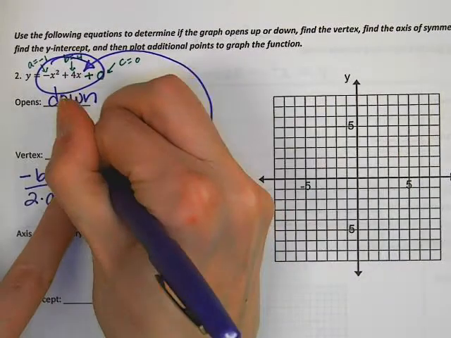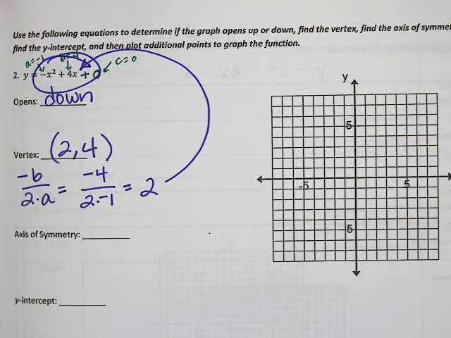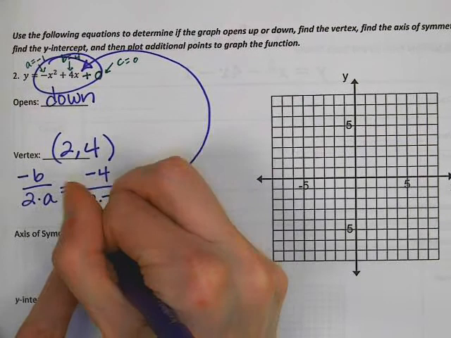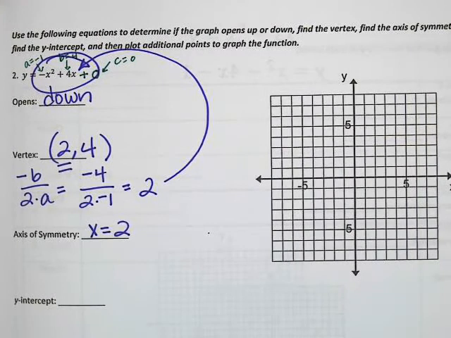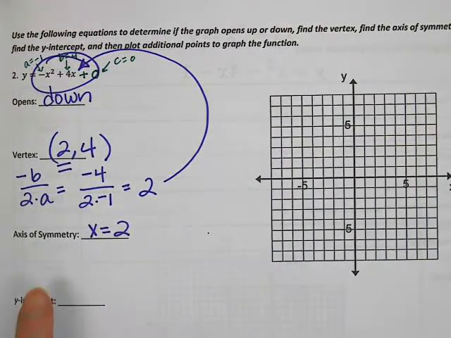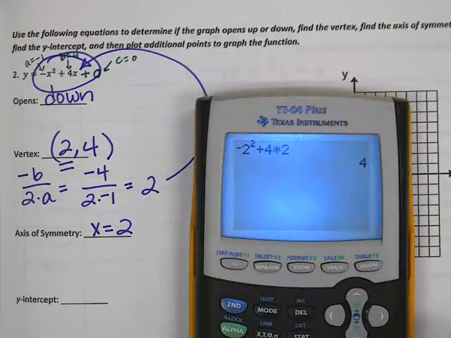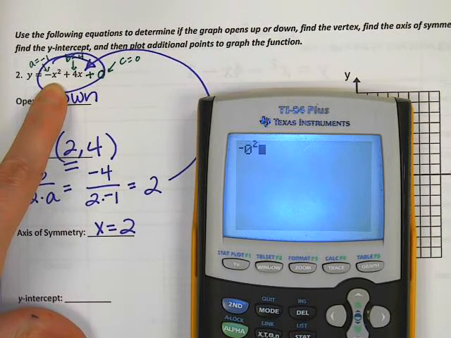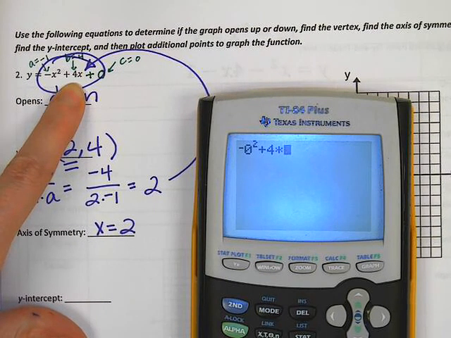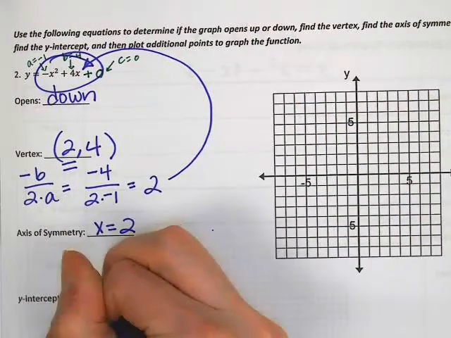Okay, so the vertex is at 2 comma 4. The line of symmetry is always x equals h, which was the 2. And the y-intercept, you plug in 0 for x. All right, so let's do that. It's negative 0 squared plus 4 times 0. You get 0. Okay, so the y-intercept is 0.